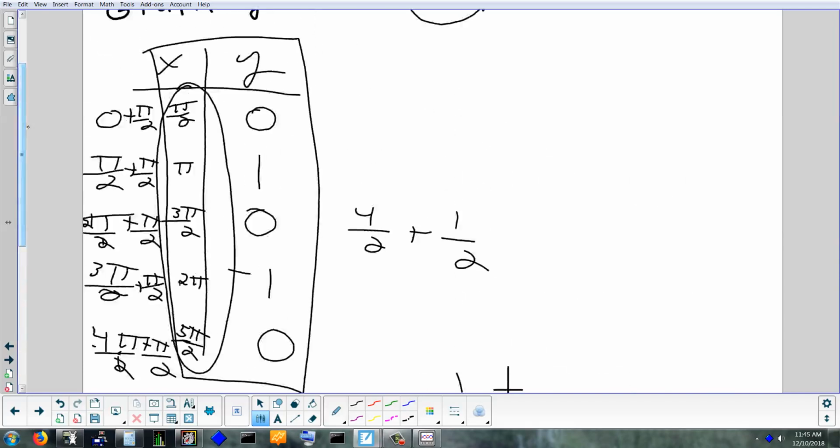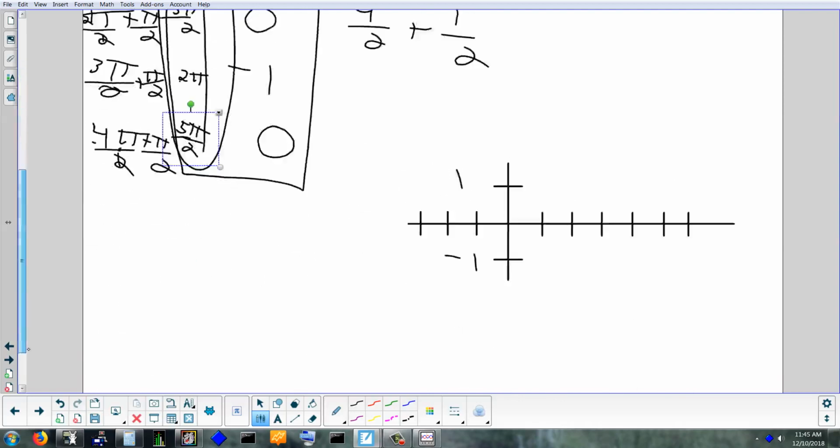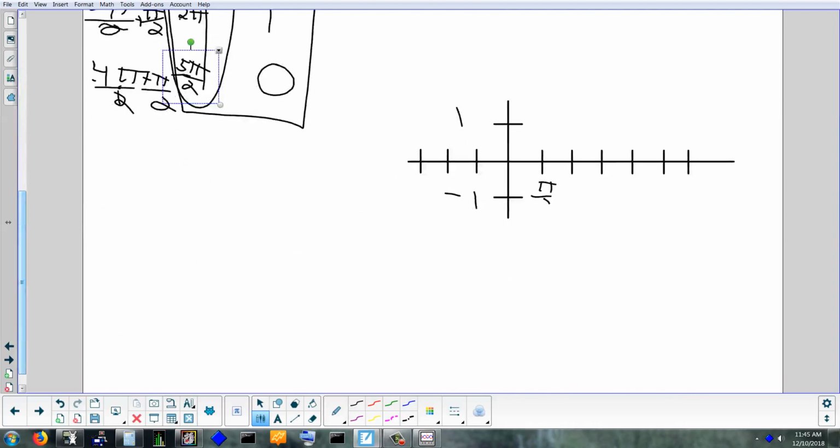It's the same idea. These are all 90 apart if you did them in degrees: 90, 180, 270, 360, 450. It's just not as obvious because most people aren't used to seeing them in radians. But they're all nicely spaced. So pi over 2, pi, 3 pi over 2, 2 pi, 5 pi over 2.